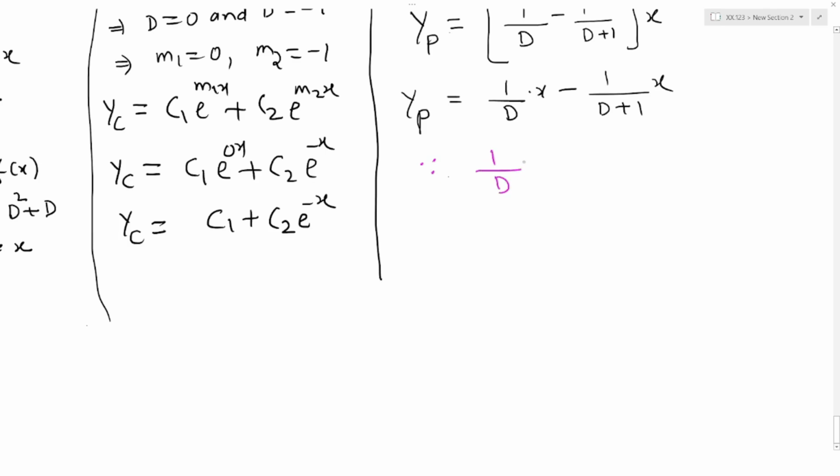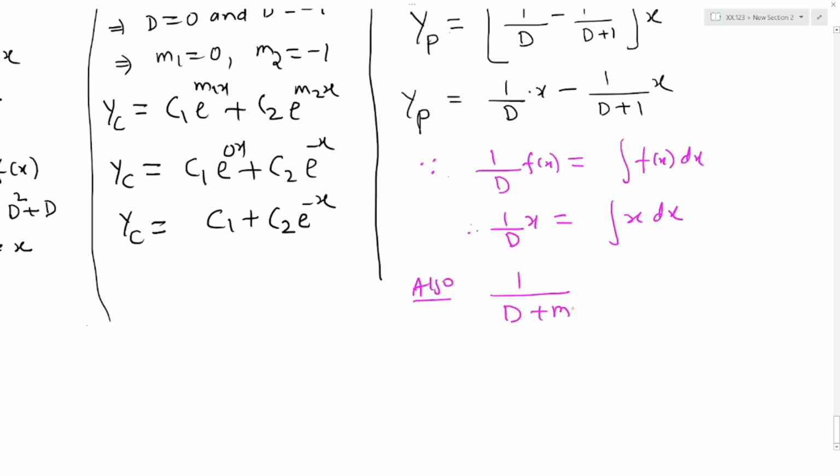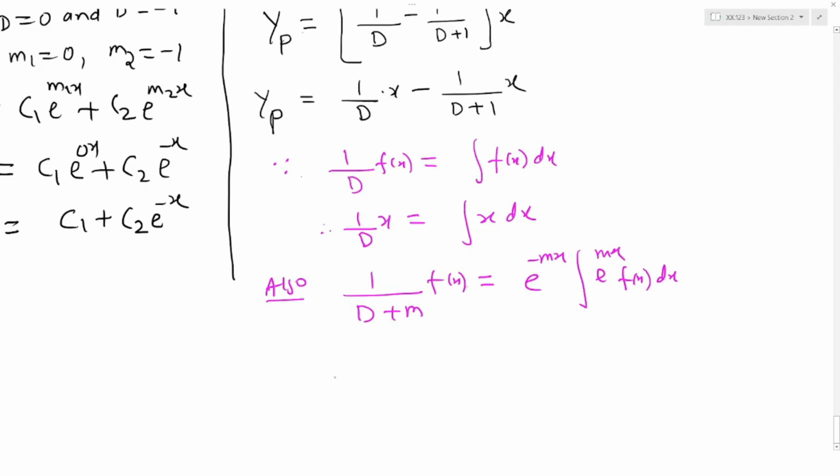1 upon D into f of x equals integration of f of x. Therefore 1 upon D into x equals integration of x dx. Also 1 upon (D plus m) into f of x equals e raised to minus mx integration of e raised to mx f of x dx.